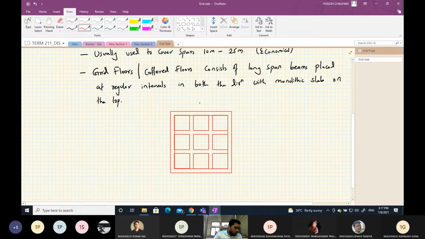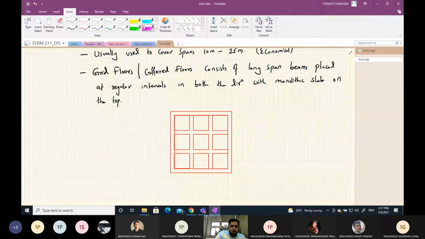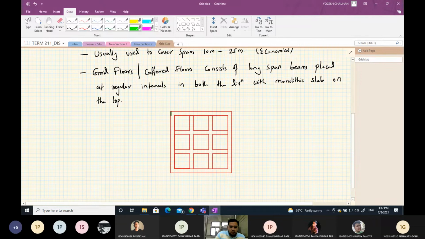So we have beams. These are the beams along x direction.